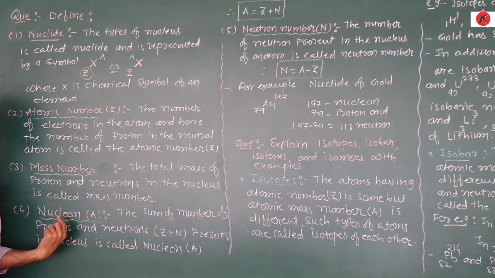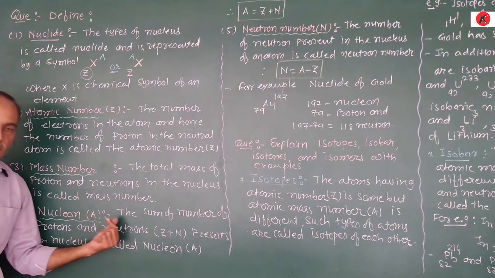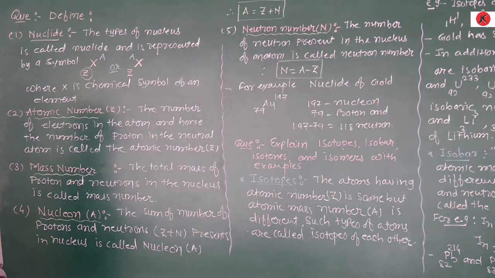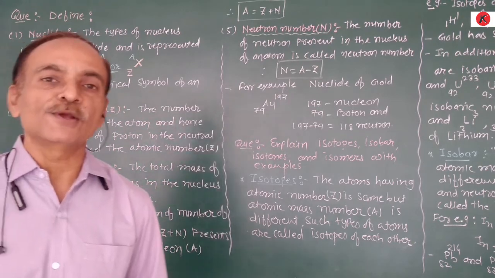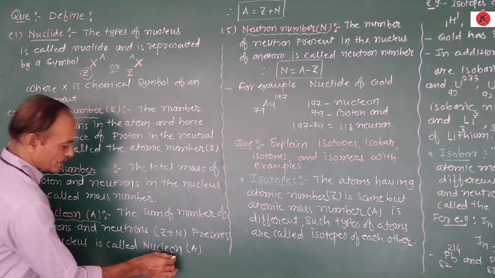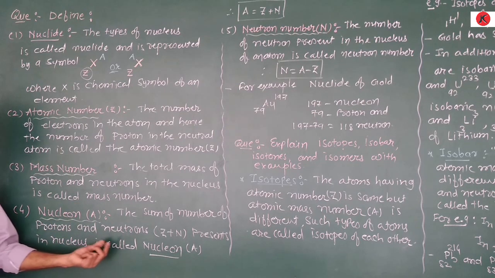After that, what is the nucleon number, capital A? The sum of the number of protons and neutrons, that means Z plus N, present in the nucleus is known as the nucleon number, capital A. Commonly the protons and neutrons, the small particles living in the nucleus, are known as nucleons.